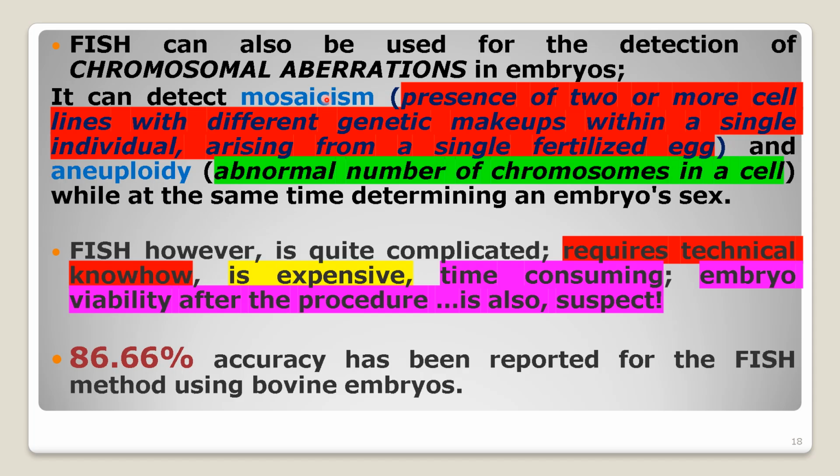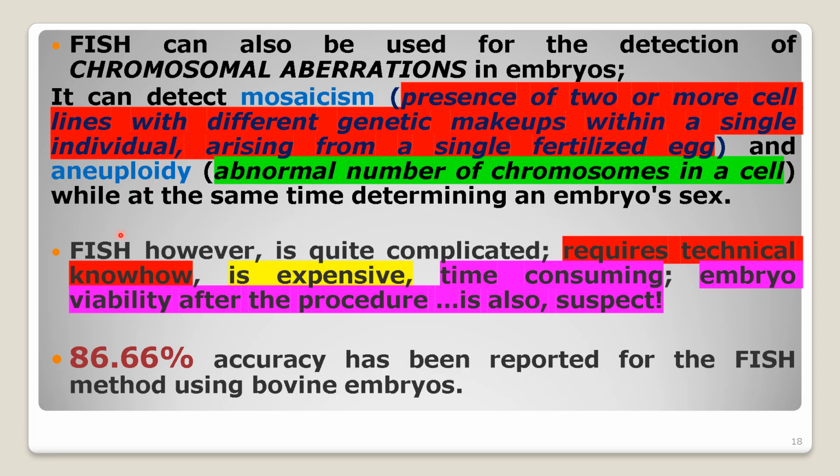It can also detect what is known as aneuploidy, an abnormal number of chromosomes in a cell, while at the same time determining the embryo's sex. FISH can do these too.